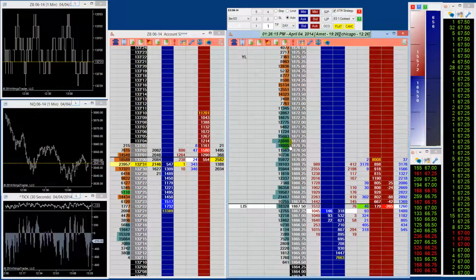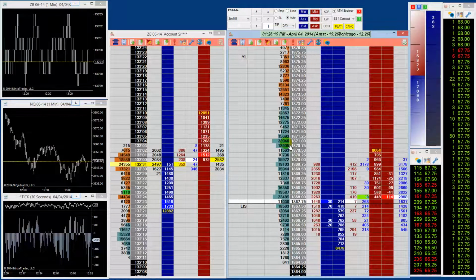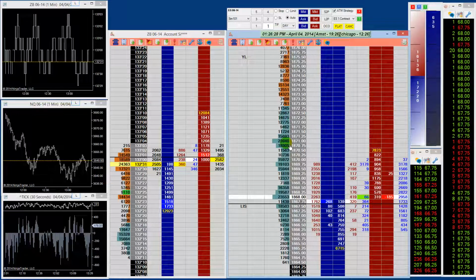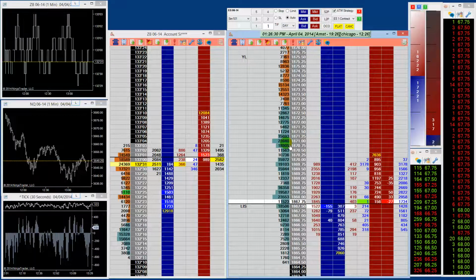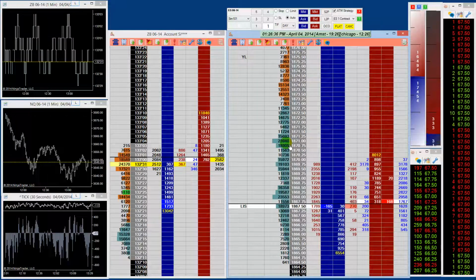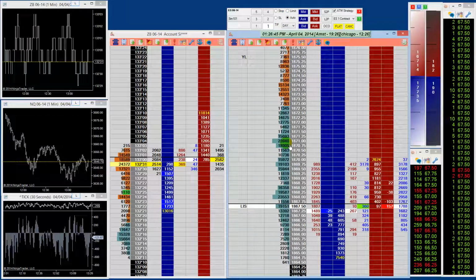Now, correlated markets and inversely correlated markets. All of the markets have got correlated markets and inversely correlated markets. So, for instance, we all know the E-mini S&P 500 is a futures market based on the S&P 500 index, which is 500 stocks. So obviously, there's going to be a correlation between the S&P 500 and those 500 stocks.